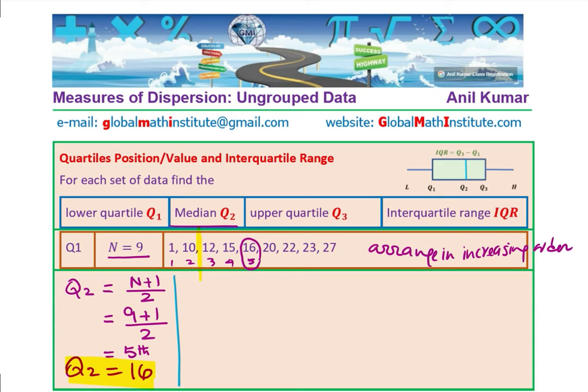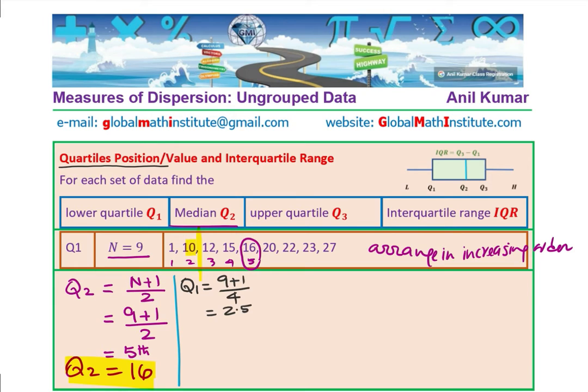Okay. So we're looking for position, right? So using the formula, we are only looking at position, not the value. So Q1, the position is 9 plus 1 divided by 4, right? So quarter, right? So which is clearly equal to 10 divided by 4, 2.5. That means between second and third element.